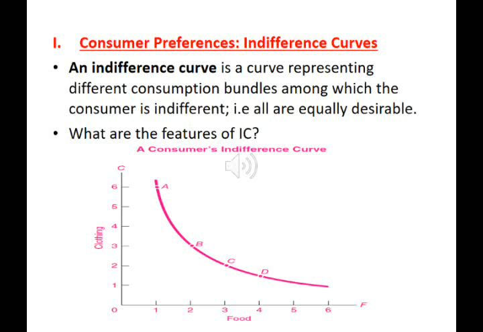And joining points C and D, the slope is equal to half. These slopes of the indifference curve are called the marginal rate of substitution, i.e. the slope of our indifference curve is the same as the MRS.